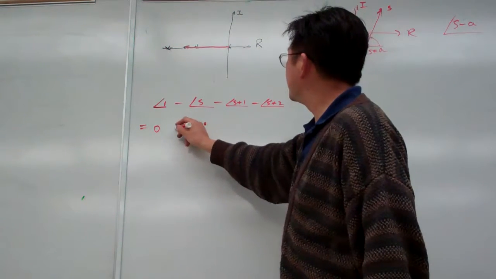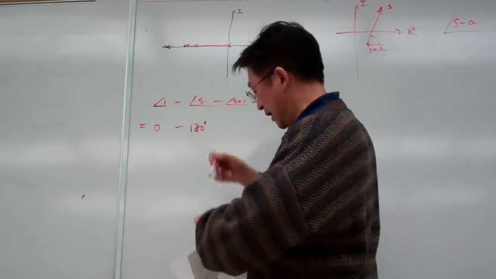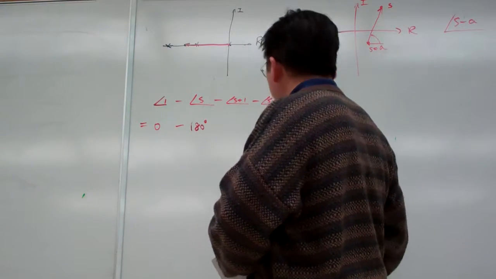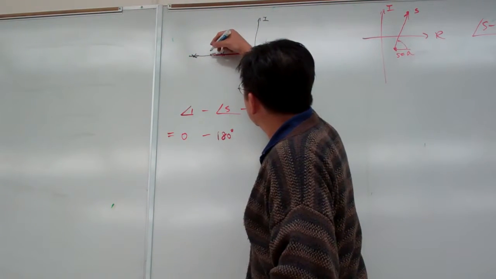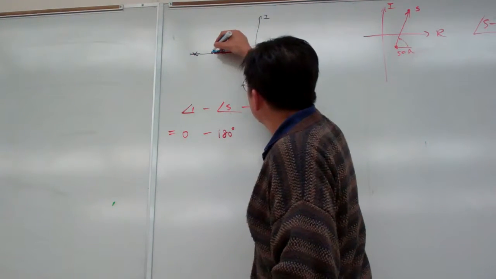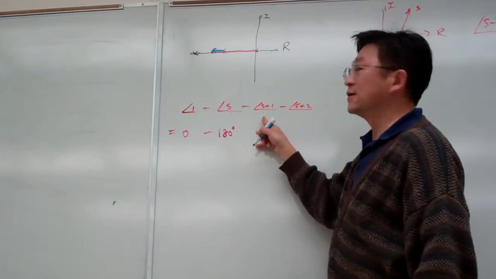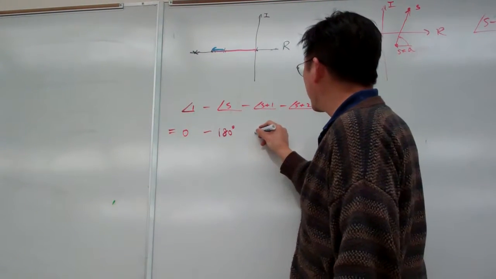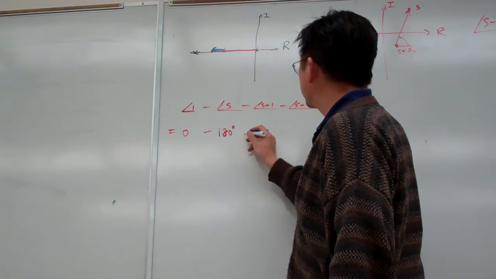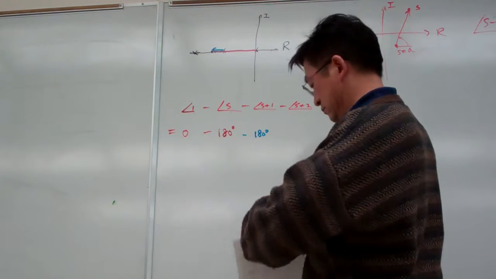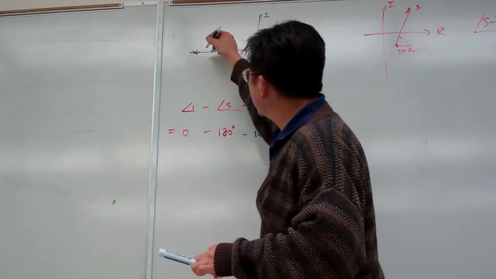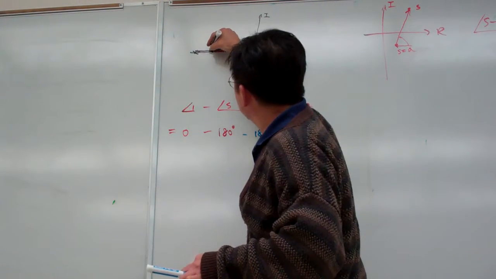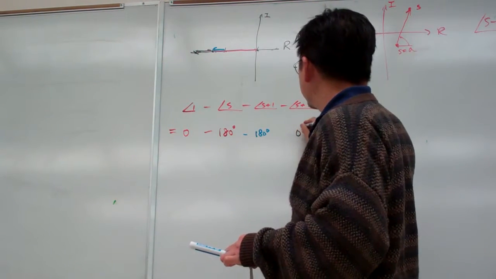For this one, from here to here, again 180 degrees. And the last one is to 2, from here to here, that is 0 degrees.